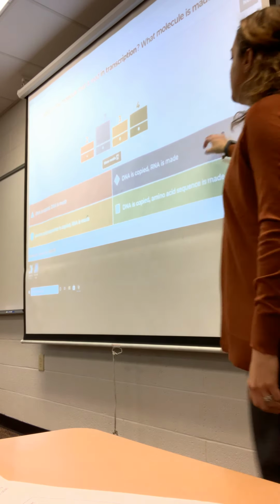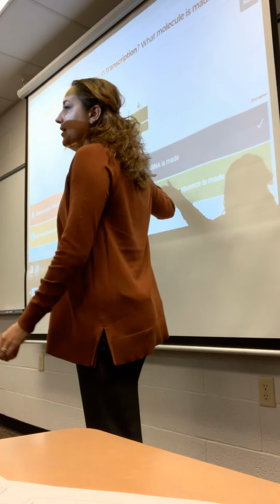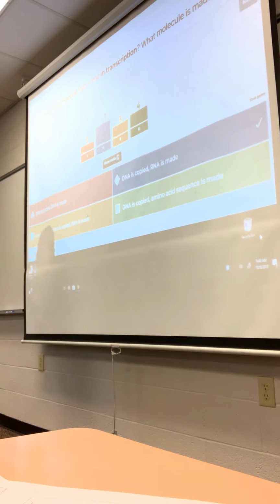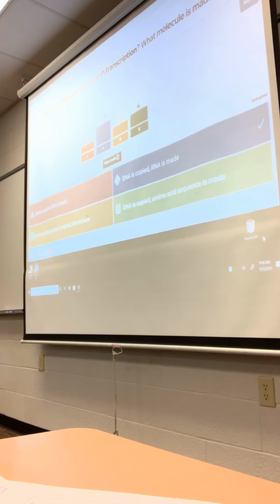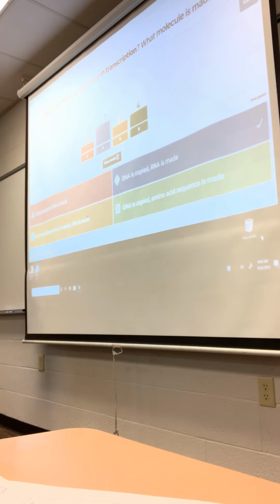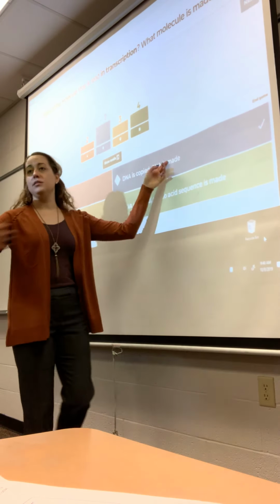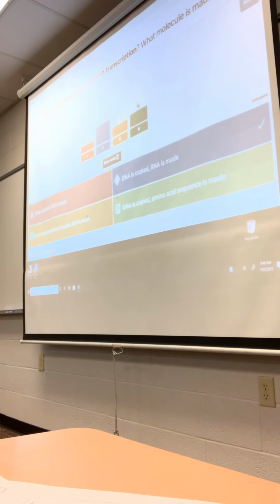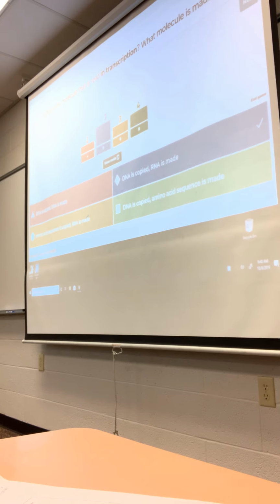So DNA is read and RNA is made. I apologize, I should have put read instead of copied. But DNA is the molecule that is read. It is the transcript that is read, and then RNA is made. The red one here, DNA is copied, DNA is made, that would be DNA replication.